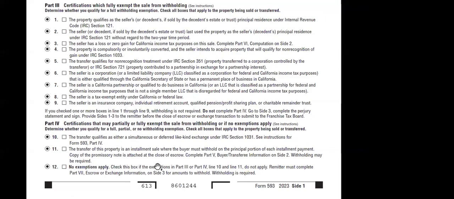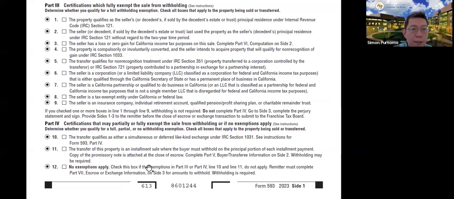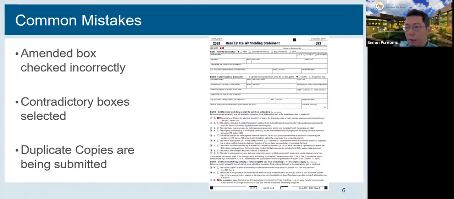However, box number 12 is also selected to certify that no exemptions apply. Those two boxes contradict each other. And we are also receiving duplicate copies of the same Form 593. Please make sure that you are only submitting one Form 593, and please do not send another duplicate copy.